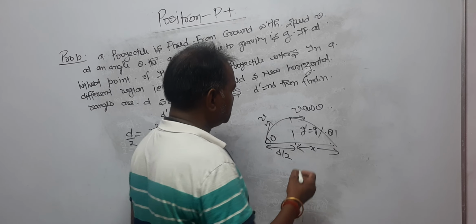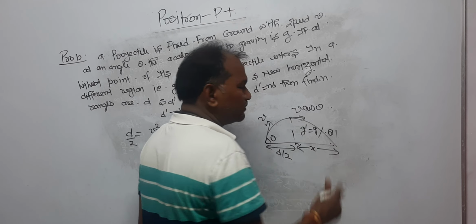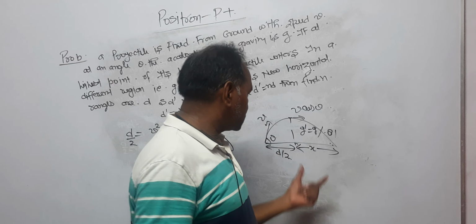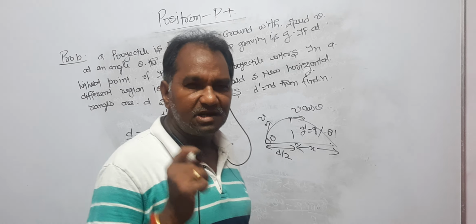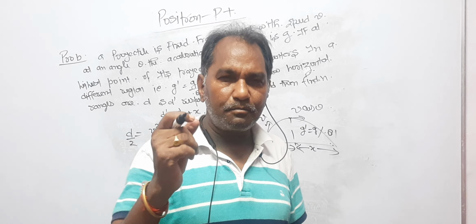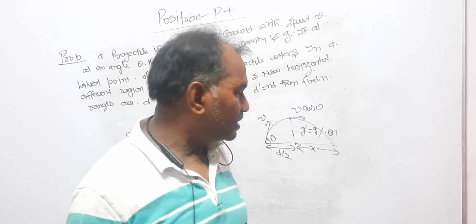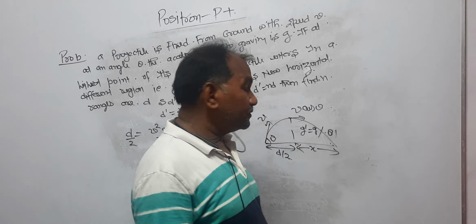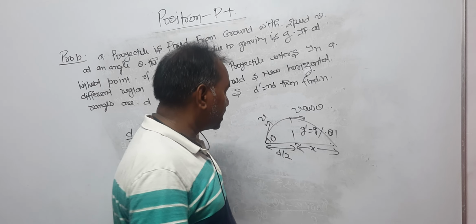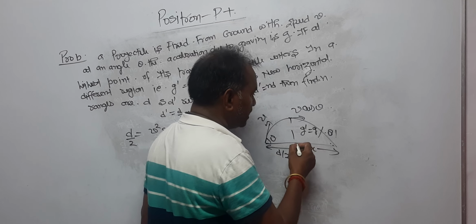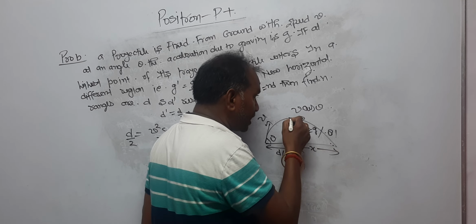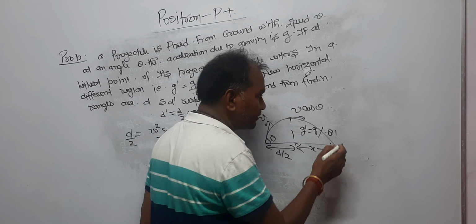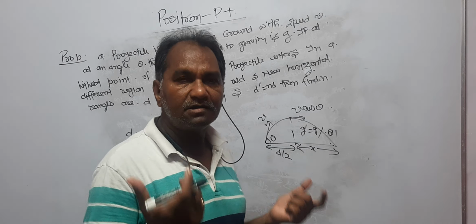Now dear students, we have to find x. The horizontal range is the product of horizontal velocity and the time of flight. If you find the time taken in traveling from here to here, all three are the time of flight.